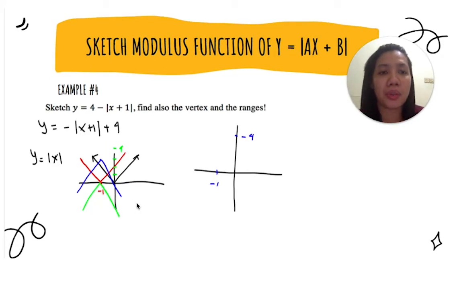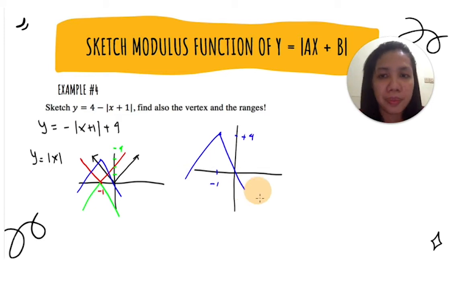Now I'm going to redraw this blue graph on a new Cartesian diagram. This is the Cartesian diagram, and the vertex is here, at minus 1, comma positive 4. Then just draw the inverted V. It opens downward. This is y equals minus the absolute of x plus 1, plus 4.